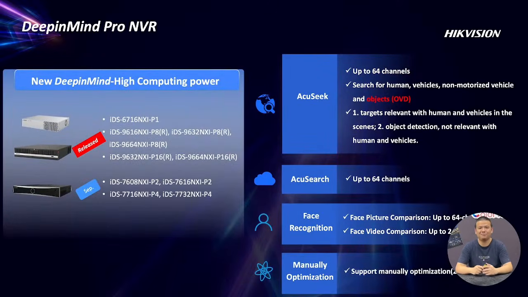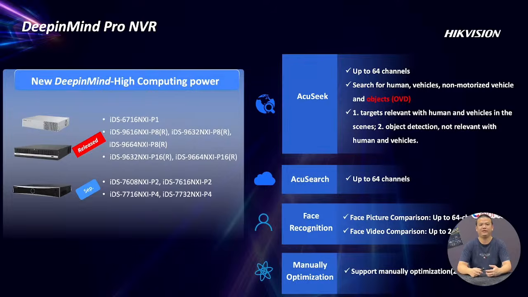While for the DeepMind Pro Series NVR, as we introduced, we will release models with 1 piece, 2 pieces, or even 4 pieces of HDD, as well as 8 pieces of HDD and 16 pieces of HDD models in the 96 series. It supports OVD, which means object detection functions, and memory optimization functions as well.